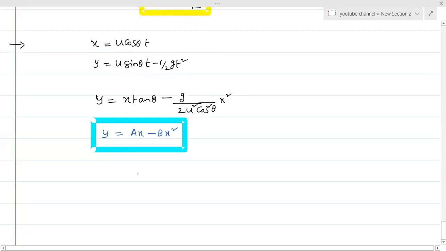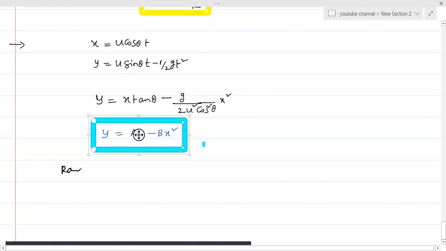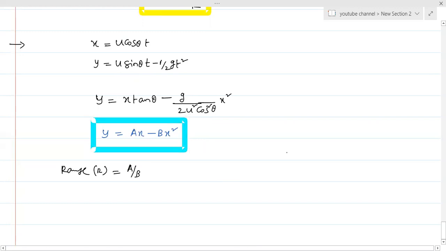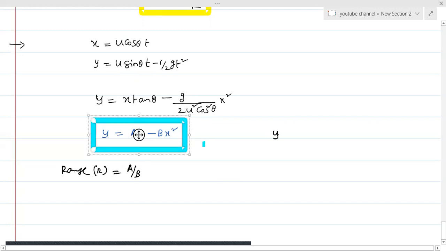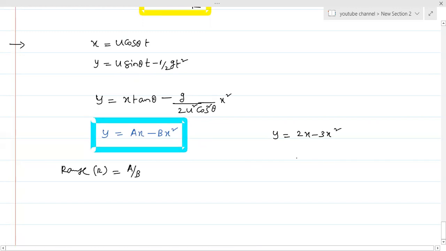Whenever we have this kind of relation, y equivalent to ax minus bx square, then the range capital R is equivalent to a by b. That means if we have a numerical like y equivalent to 2x minus 3x square, we will find the range as 2 by 3 directly.